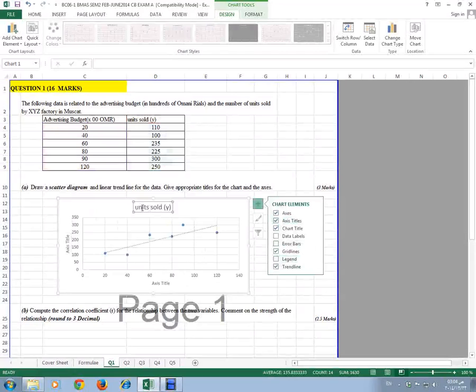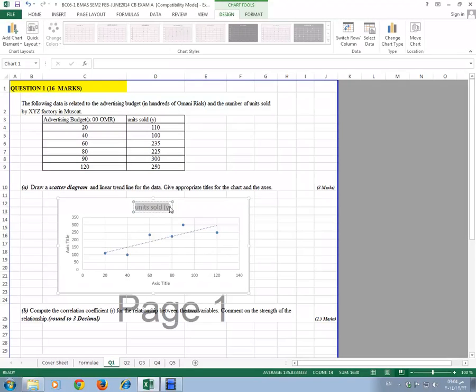Here you need to write a proper title for the graph: scatter diagram for units sold on the advertising budget.